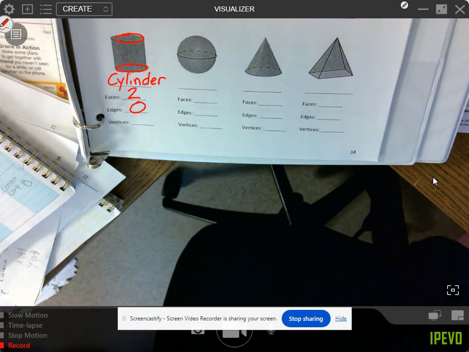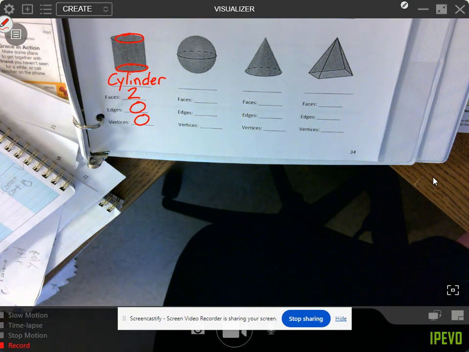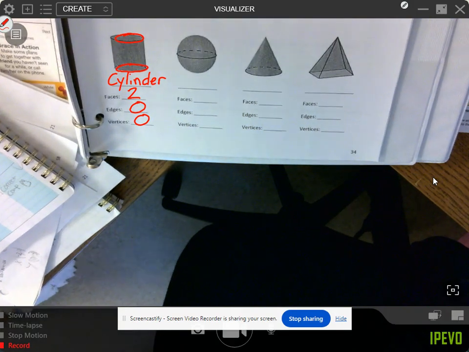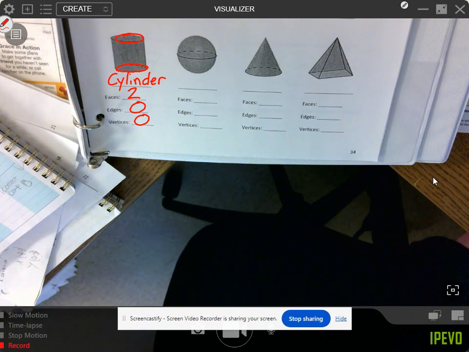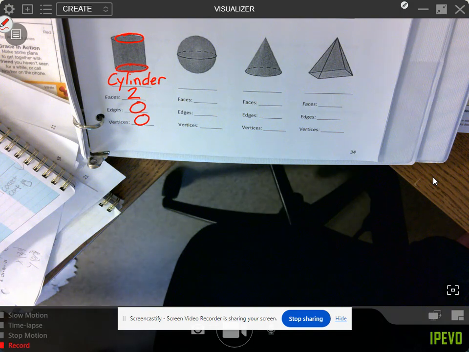There is no straight line in the cylinder, so there are 0 edges. How many vertices, Madison? 0. Why would it be 0, Madison? If there are no edges, you can't meet to make a vertex. So there's no corner. If you have 0 edges, you have 0 vertices.